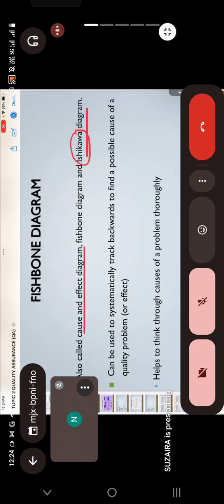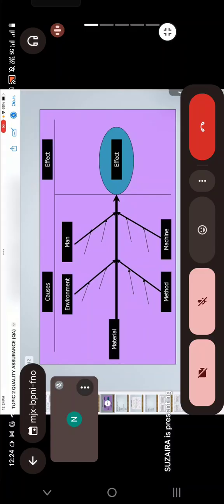So we have 3 names. And from a fishbone diagram, we can track the factors or any causes that contribute to the one main problem. So from there it can help us come up with preventive measures.